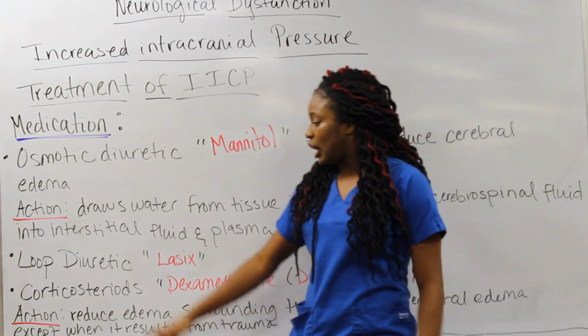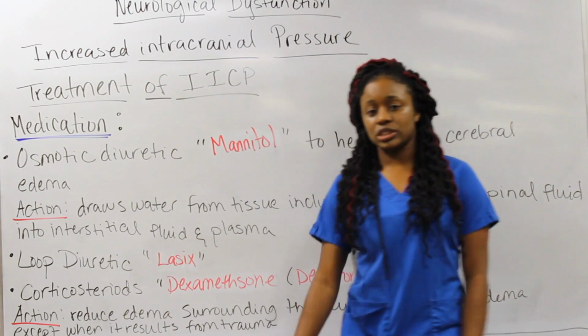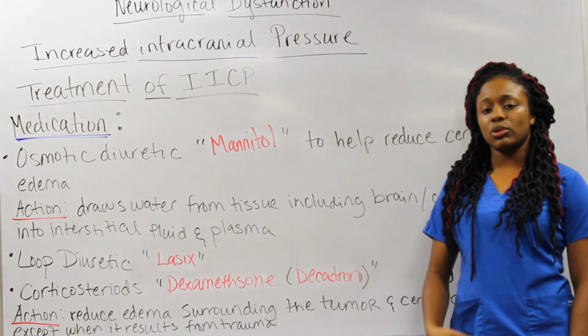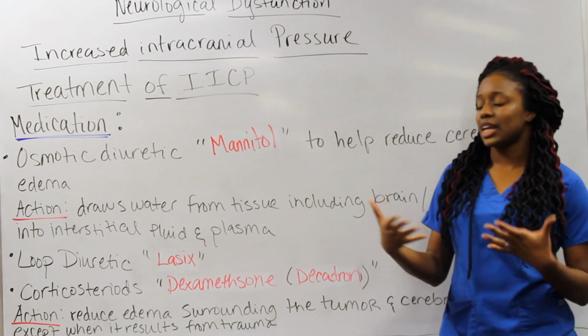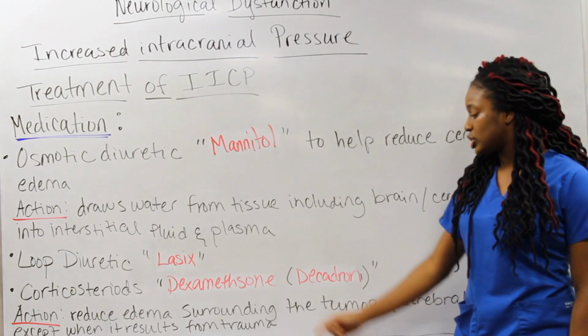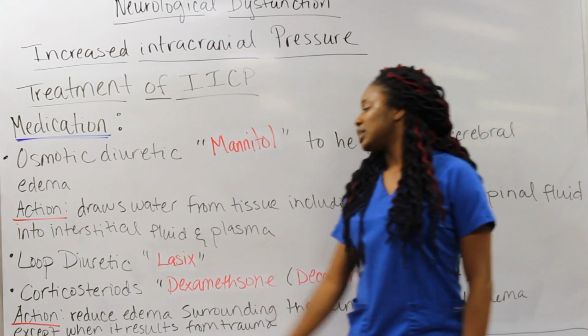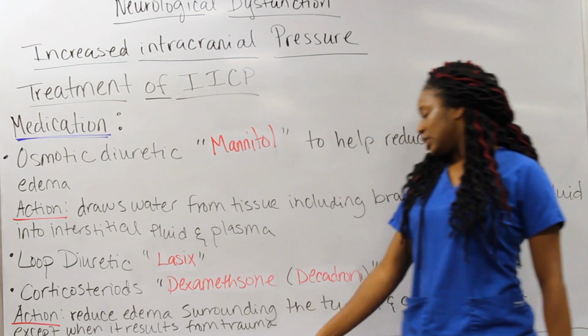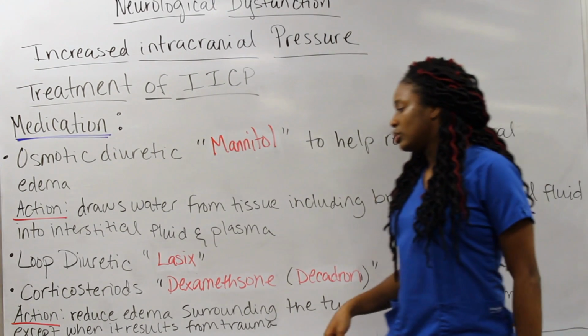That can occur. Another thing is corticosteroids, right? And we know corticosteroids help with inflammation. It's an anti-inflammatory medication. An example here is dexamethasone, known as Decadron, and the action is to reduce the edema that is surrounding the tumor, or the cerebral edema.